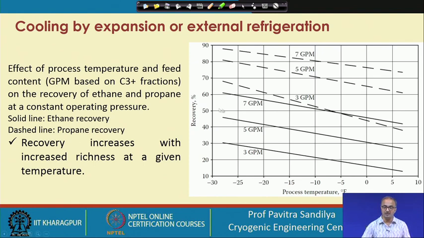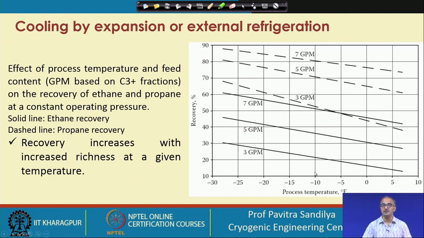These two types of lines can be seen: the dashed line is for the propane recovery and the solid line is for the ethane recovery, and we see that the recovery is decreasing as we increase the process temperature.